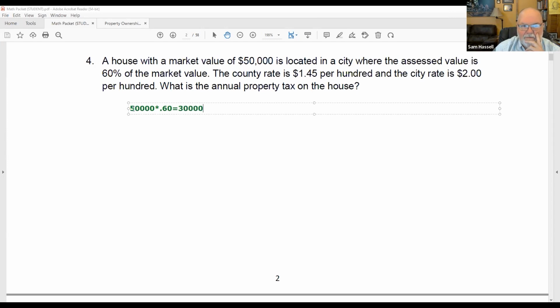We also live in the city, so we have $1.45 and $2, and that's going to be our tax, which is $3.45 per 100, or 0.0345.